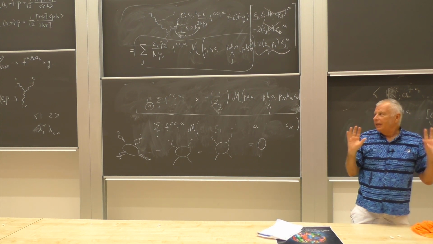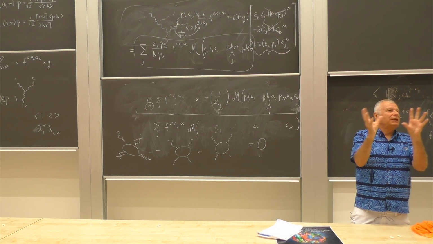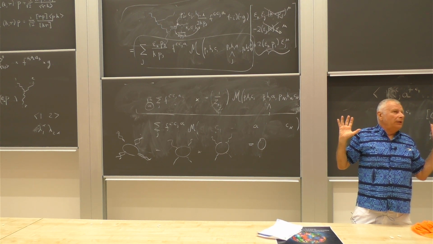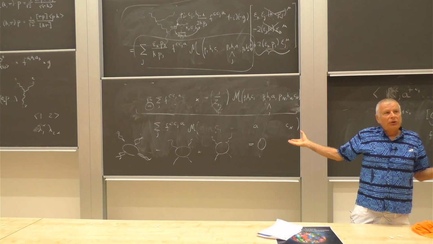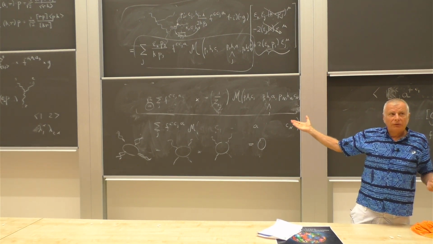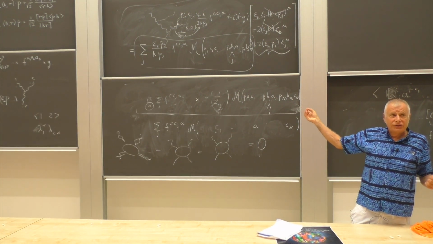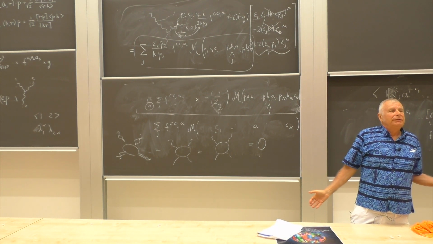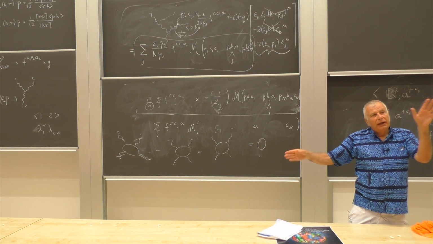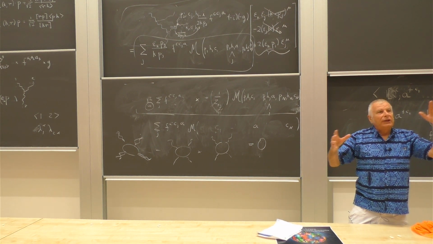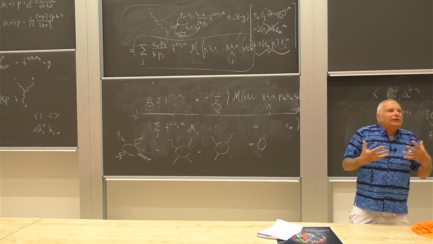So it depends how you look at it. From the point of view of CFT, it's nothing unusual, but from the point of view of the S matrix, yes, that's true. It's a singularity.